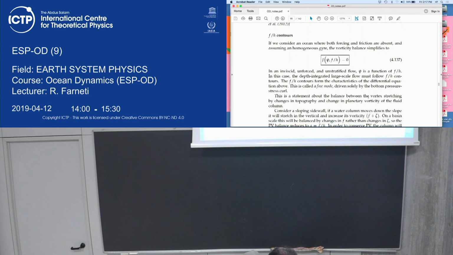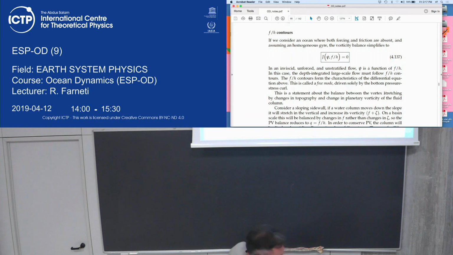And again, this is a statement about the balance of vortex stretching, because if you imagine that column of water, vertically integrated, going down a slope, then the column is stretched or shrunk because of the change in topography, and that column of water will not change its relative vorticity because we're talking about large-scale circulations.